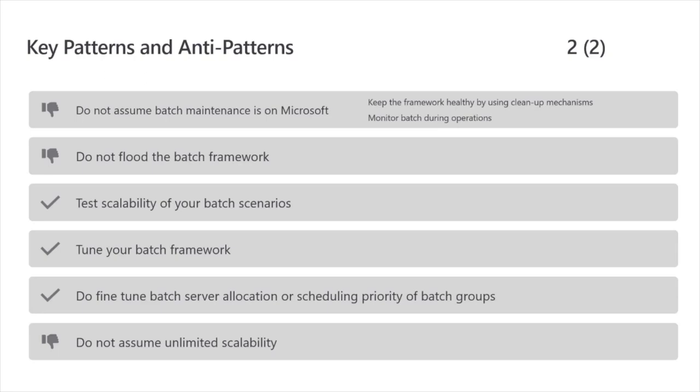Do fine-tune batch server allocation, or in the new shiny world that we will cover in just a couple of seconds, you want to fine-tune the scheduling priority of batch groups. Remember that batch jobs will spin off batch tasks, which are then executed within the context of a certain batch group.